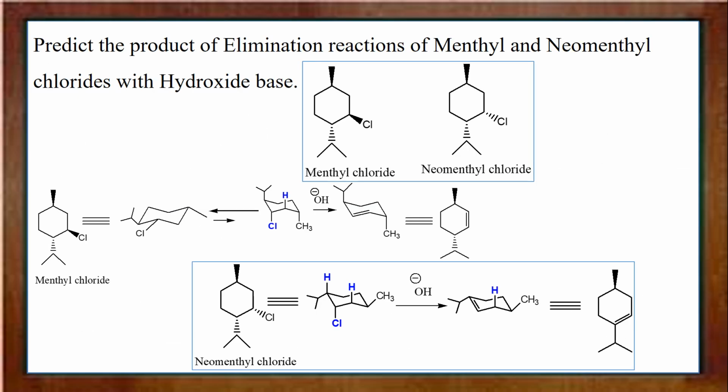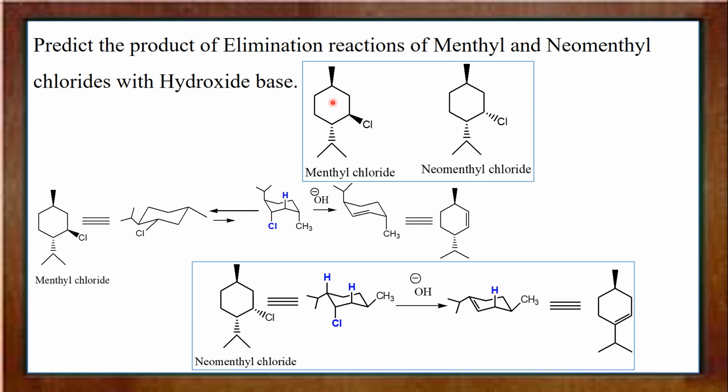Here is a very important problem to explain the mechanism of E2 elimination. Here two stereoisomers are given, menthyl chloride and neomenthyl chloride.